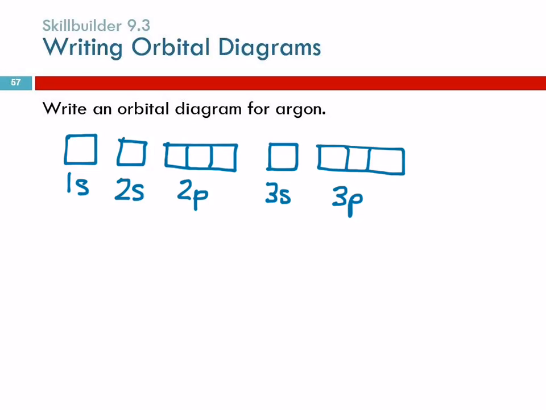So you could just go and fill in all the electrons. Or now that we've drawn all these squares, you can say, okay, well, argon has 18 electrons, right? Now I'm going to put in my arrows. 1, 2, 3, 4, 5, 6, 7, 8, 9, 10, 11, 12, 13, 14, 15, 16, 17, 18.